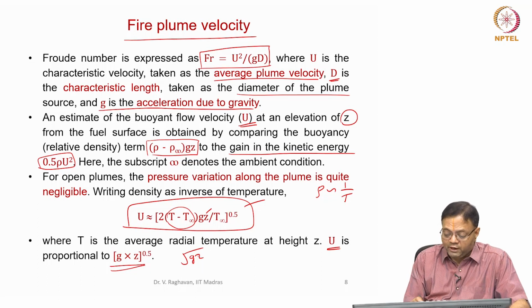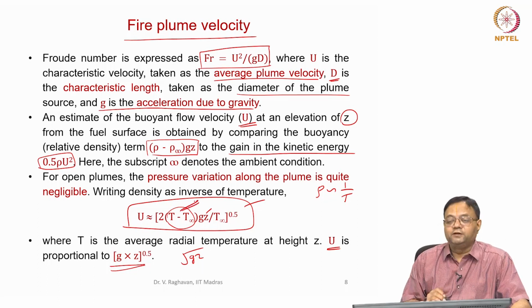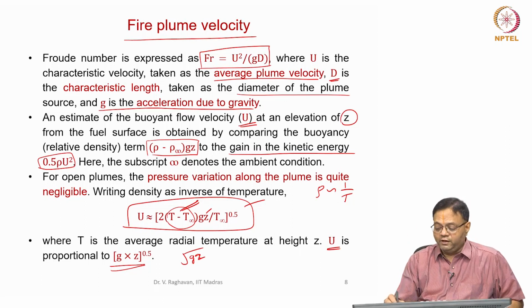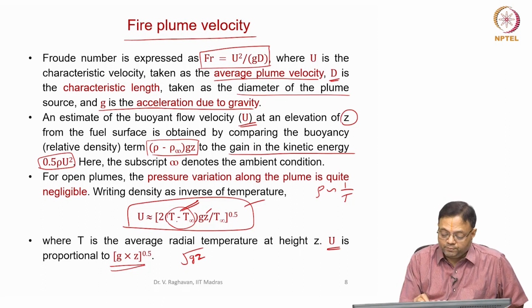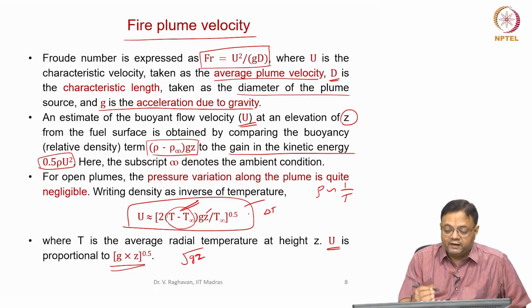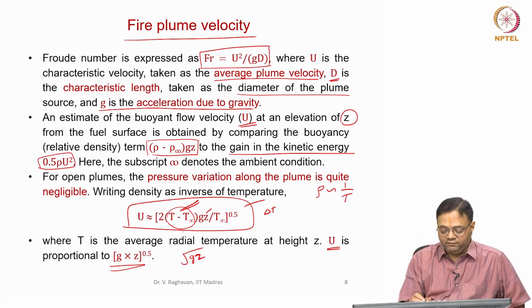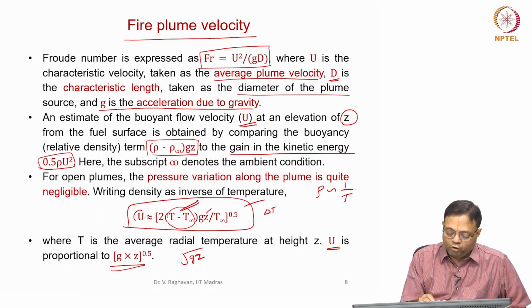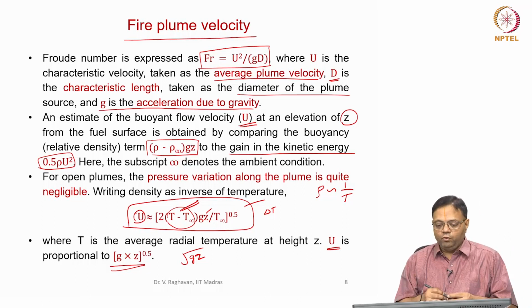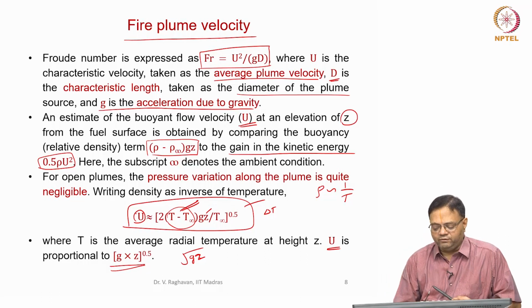But this proportionality constant depends on temperature. As z increases, u should increase, but the constant of proportionality, T minus T infinity, or delta T, will decrease. As this decreases, the average velocity also will decrease along the height. So, this is about the plume velocity estimate.